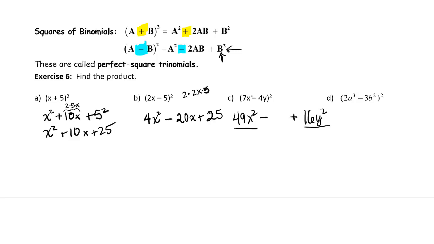And we'll take the product of the two terms and multiply it by 2. So 7 times 4 is 28 times 2, and it'll be an xy, because x is in the first term and y is in the second term. And then if we multiply it by 2, we'll have 56. So minus 56xy.